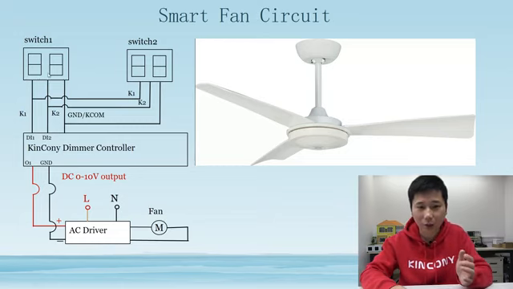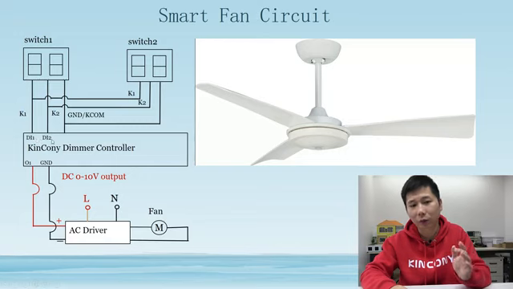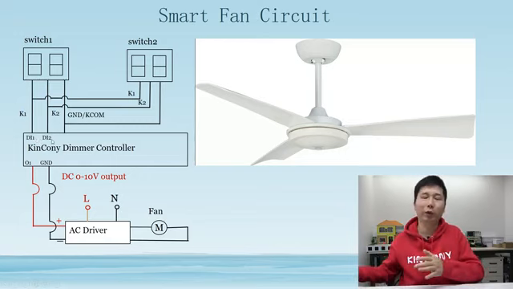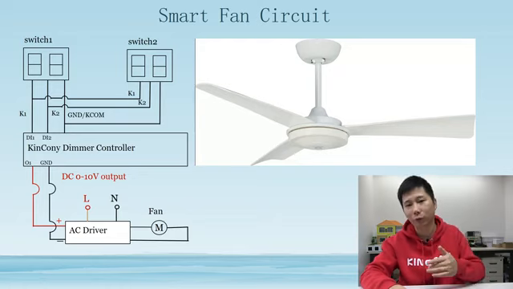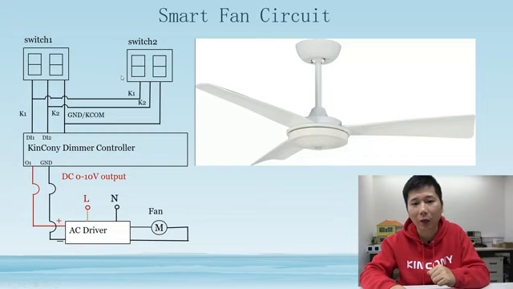The switch just connects with the digital input. For example, this has K1 and K2, connected with two different digital inputs. Later we can set by FTDT how it works with the digital input and the analog output. This just has two switch channels and controls one fan, one motor.